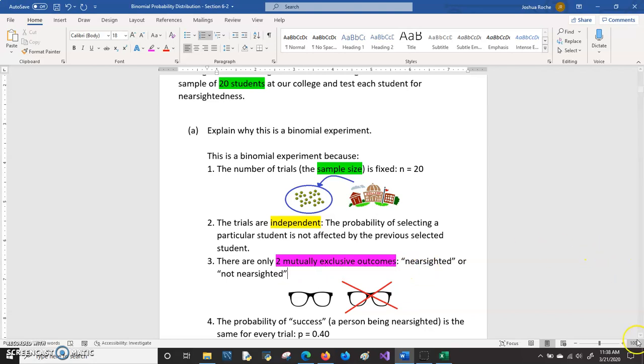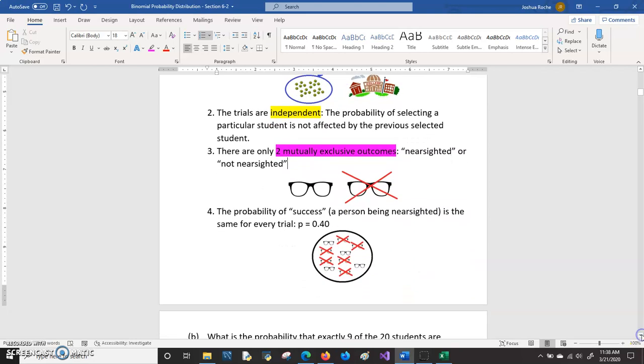And there are no other third options in this case.